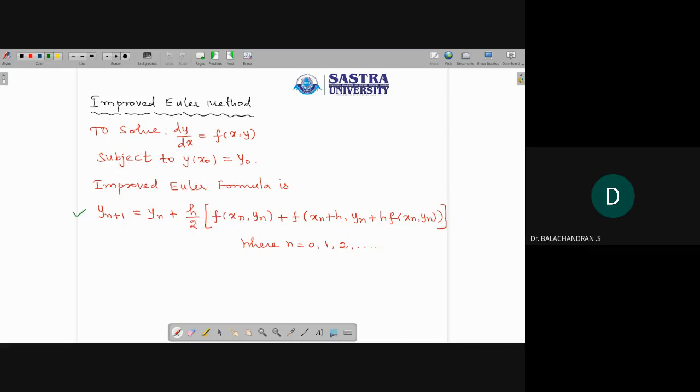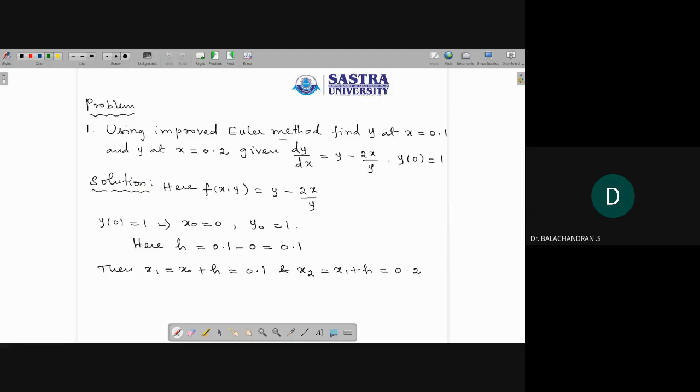You should remember this formula. Yn plus 1 equal to Yn plus h by 2 into f of xn comma Yn plus f of xn plus h comma, you are adding h here, and you are adding h, and then you are multiplying by f of xn comma Yn. Okay. So where n varies from 0, 1, 2, 3, etc.